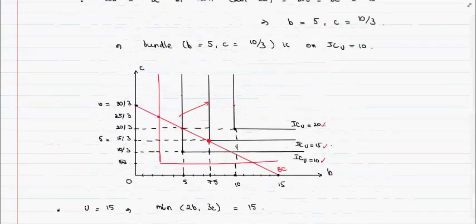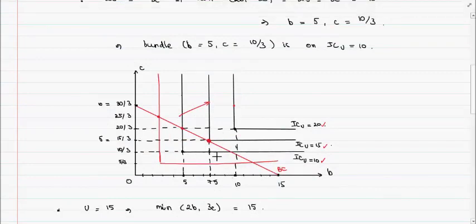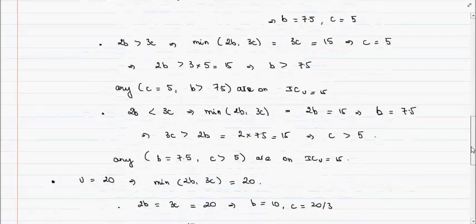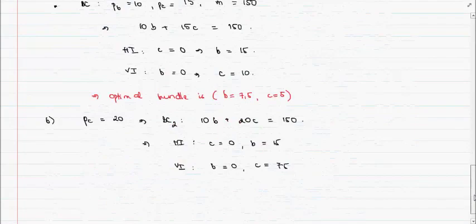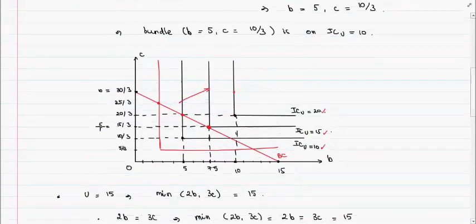So my new budget constraint, I'm going to use a blue line to draw it, and that is on the same horizontal, but say 7.5. So I got 5 over here, I got 10 over here, so 7.5 would be somewhere in the middle, which is here. Okay, so this is my new budget constraint. I'll call this budget constraint 2.